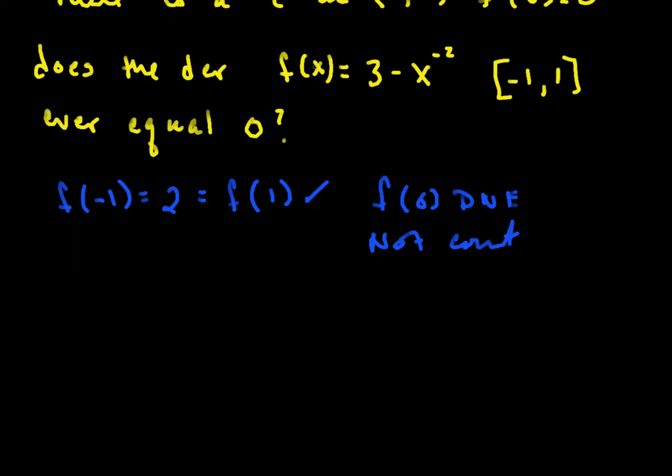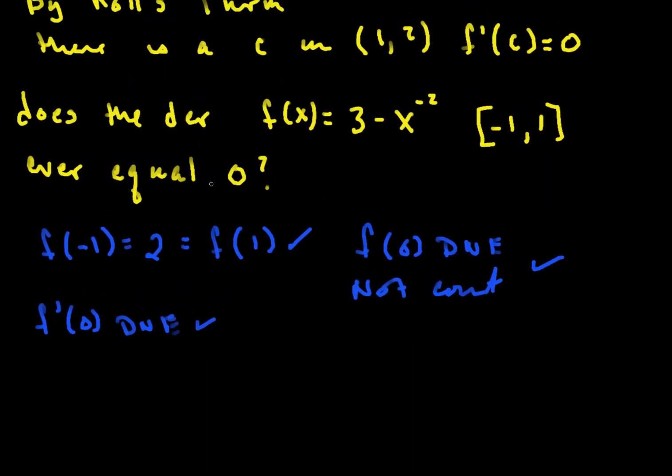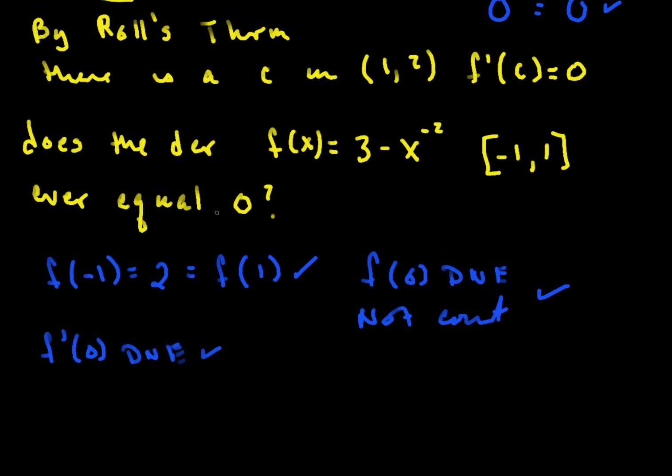And similarly, f prime of 0 does not exist. Even if I didn't take the derivative, I know it's not continuous there, so the derivative can't exist either. So I've failed 2 of the hypotheses. It's not continuous and it's not differentiable on the whole interval. And so in fact, I don't know for sure. It still could be somewhere the derivative is 0, but Rolle's theorem can't be used.